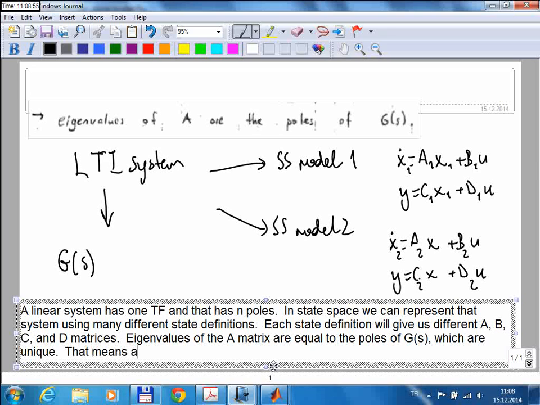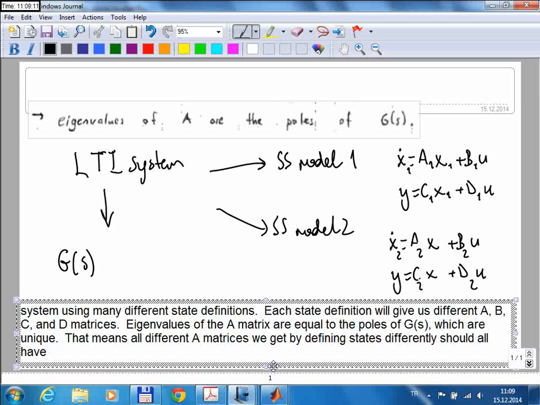So that means all different A matrices we get by defining states differently should all have the same eigenvalues.